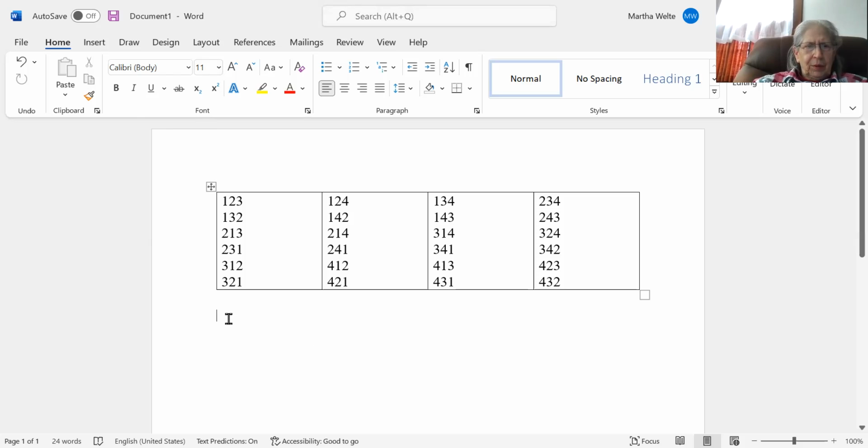You take 4 for the first spot times 3 for the second spot times 2 for the third spot, and that equals 24. And you can see we have 24 arrangements of 3 objects taken from a set of numbers 1, 2, 3, 4.